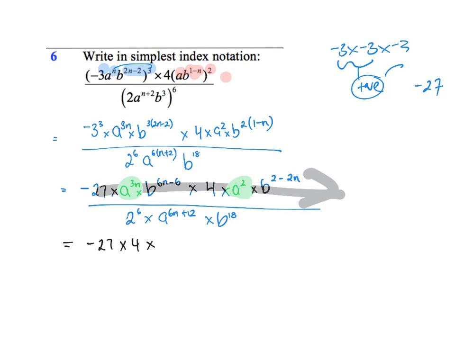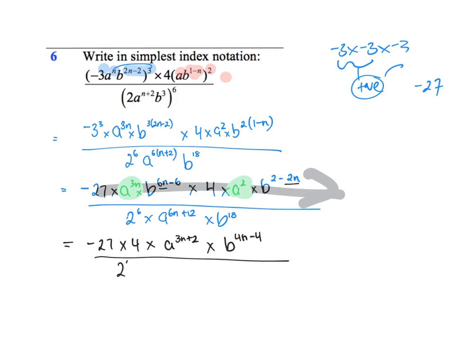Yes? So I can't really add them, so I'm going to leave that as 3n plus 2 times b. Now I've got 6n and minus 2n, so that would give me 4n, and I've got a negative 6 plus a 2, which would give negative 4, all over. Now can I add it?